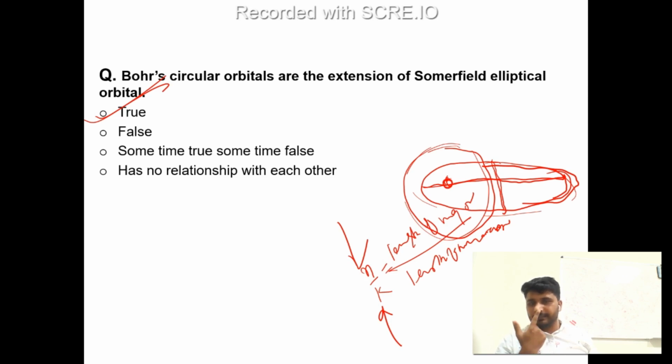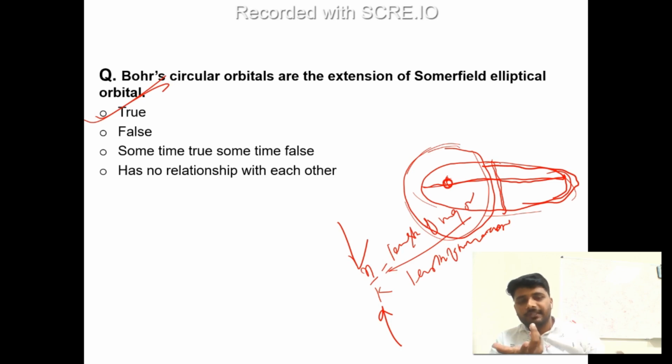Bohr's theory states that the electrons are revolving around the nucleus in stationary orbits. That is called Bohr orbit, right?